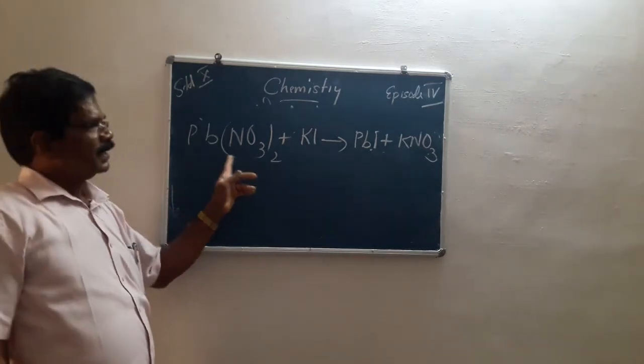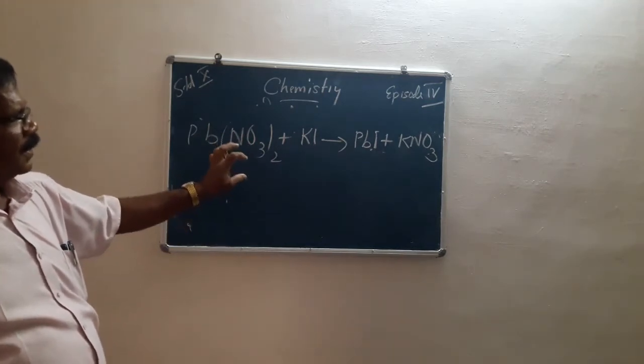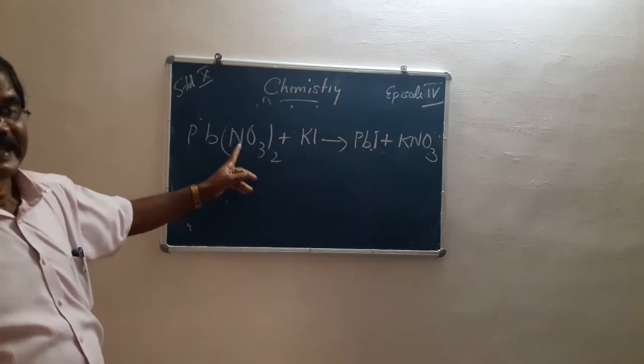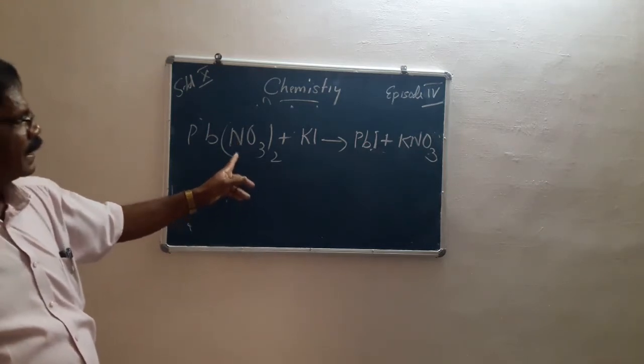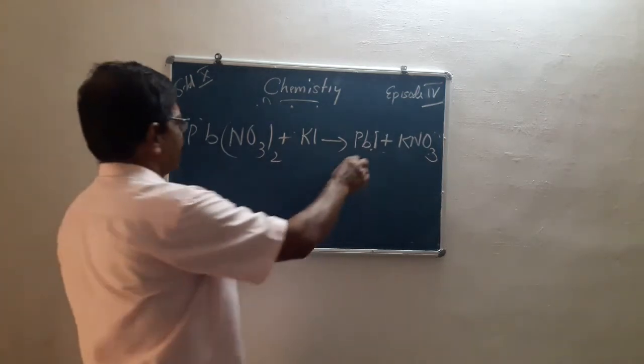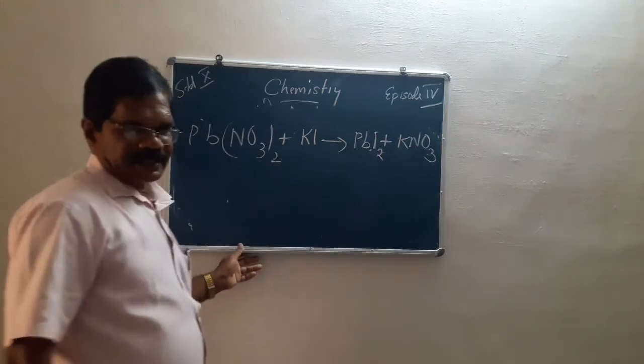Here, what are the reactants? Science students must always take care: when you see a reaction, you have to look at what the reactants are. The reactants are lead nitrate and potassium iodide. Products are lead iodide and potassium nitrate.